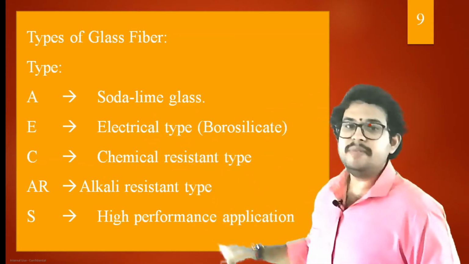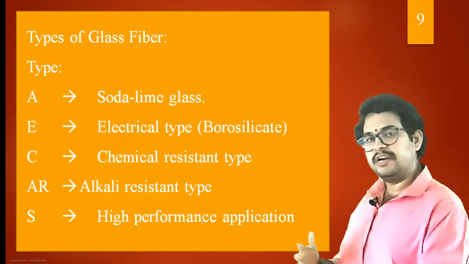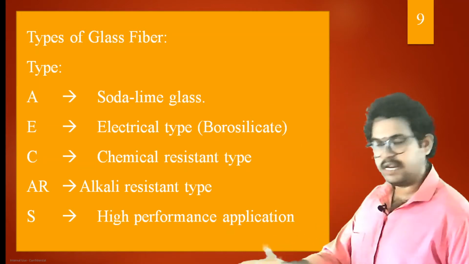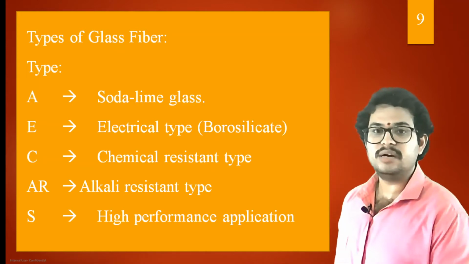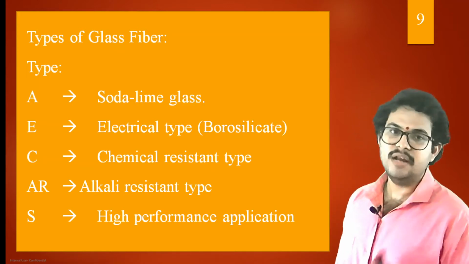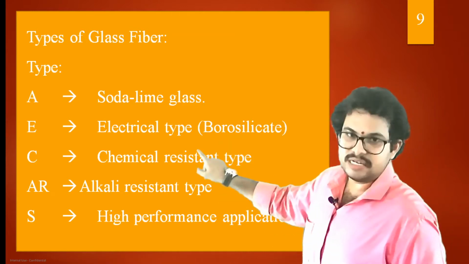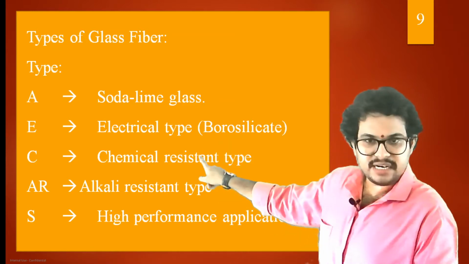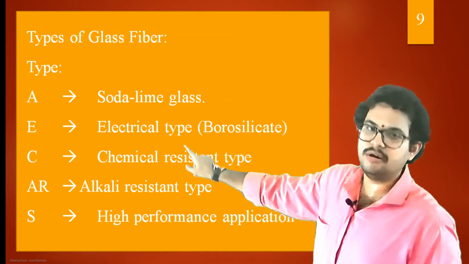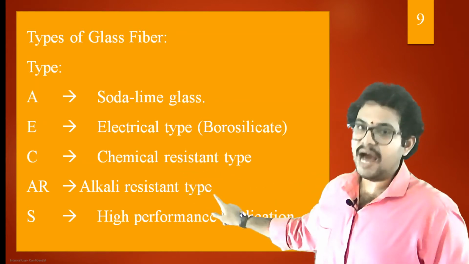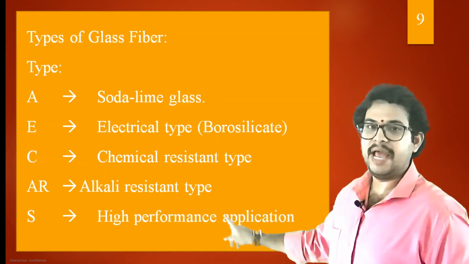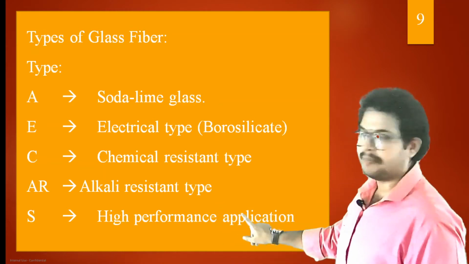And the chemical resistant type, as we have already discussed in the slide about properties, we are saying all the materials are chemical resistant, right? So, the chemical resistant type is designated capital C, which is talking about materials which are resistant towards chemicals, erosion and so on. Then the alkali resistant type, AR, and next high performance applications, capital S, right?